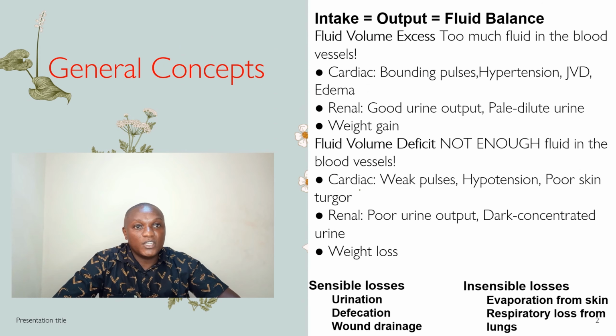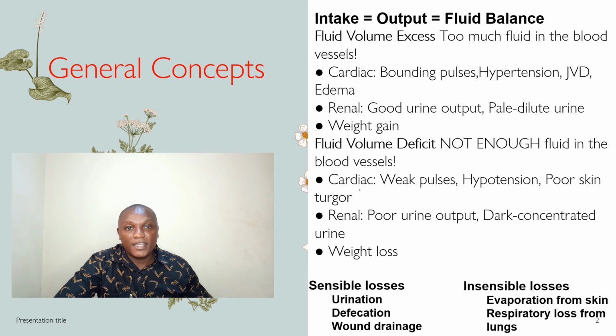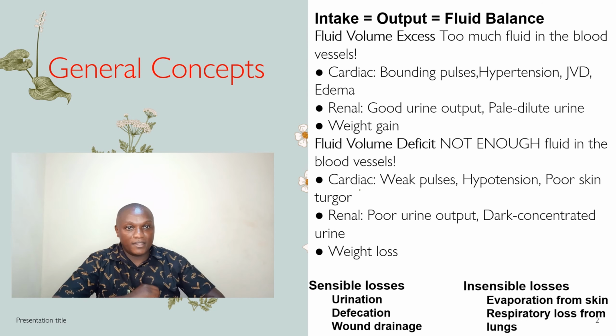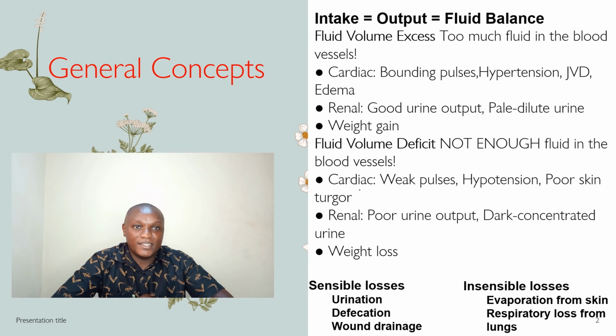The first thing that you need to understand about fluid and electrolytes is that they are general concepts. With fluids and electrolytes, we look at the intake and the output, and when they do balance, that's what we call a fluid balance. If they don't, then you end up with a fluid excess or fluid deficit.